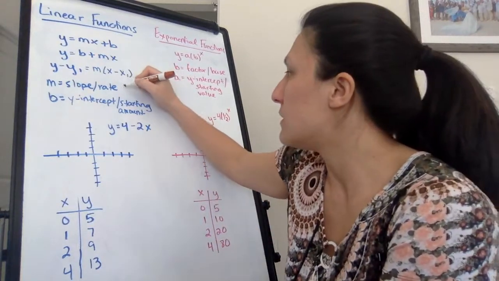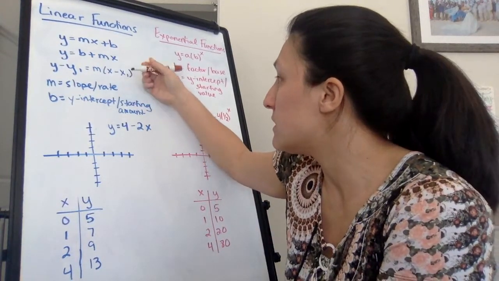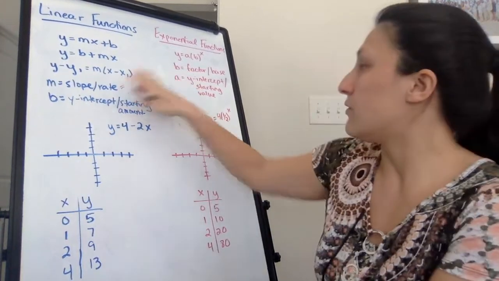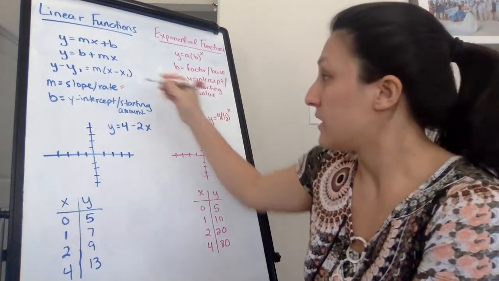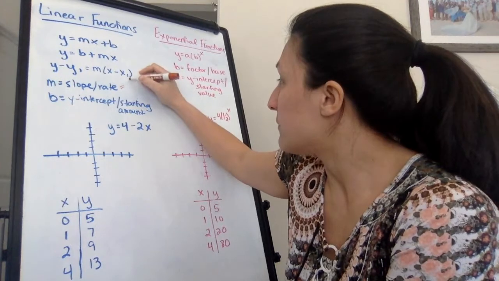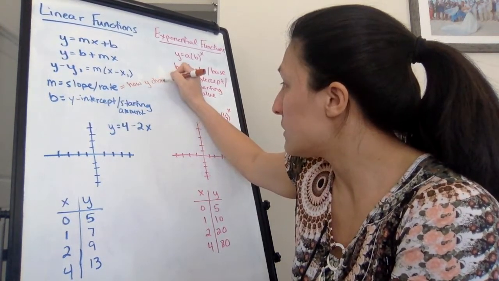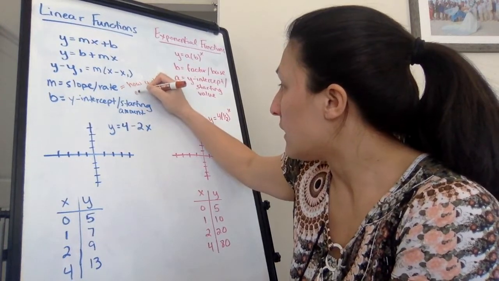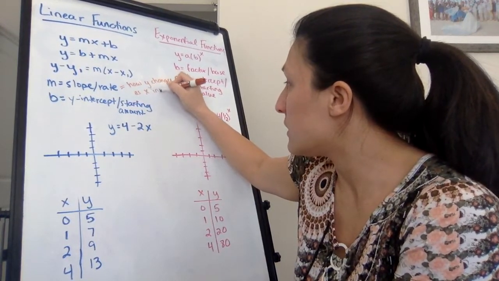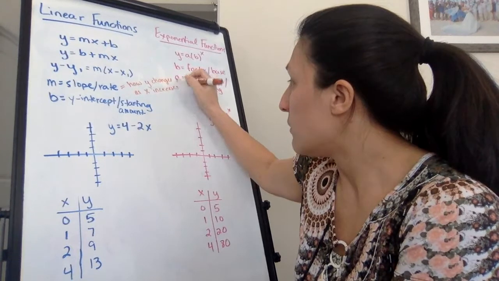So the slope or the rate, and this means the same for any function, is how y changes as x increases by 1 unit.